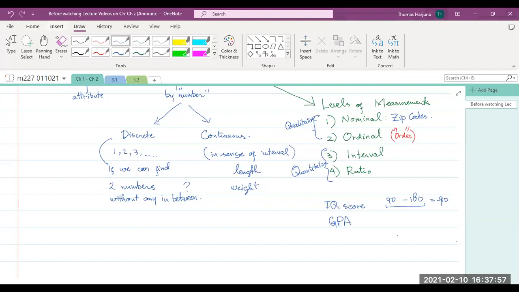Likewise, the same thing with GPA. Let's say my GPA is 2.0 and your GPA is 4.0. What is the difference? Well, 2.00, right? That's the difference. But does it mean that you are twice as smart as me? No, actually you can be 100 times smarter than me, but the highest GPA you can get in college is 4.00.